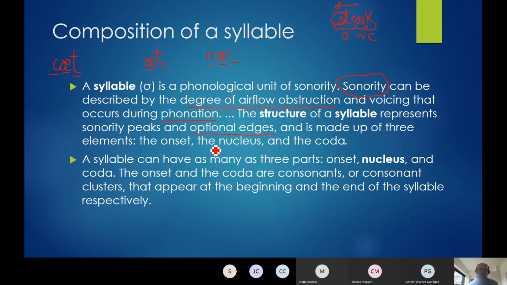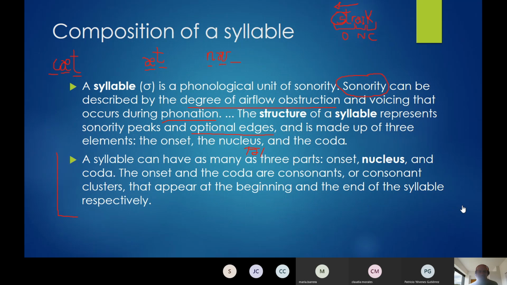Okay, but anyway, we have to consider that the elements that compose a syllable are the ones you mentioned: onset, nucleus, and coda. By the way, the pronunciation of this last section is a schwa, nucleus. So you have to relax your jaw, right, and open your mouth just a little bit to produce the final sound of nucleus. Okay, and the second definition that Maria Fernanda read is basically the same components, right?